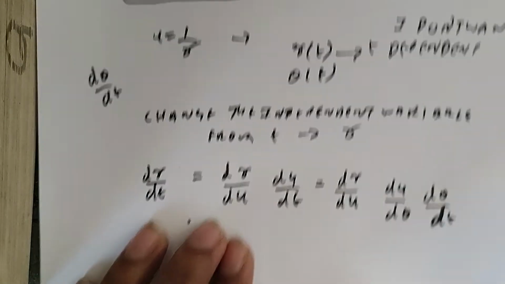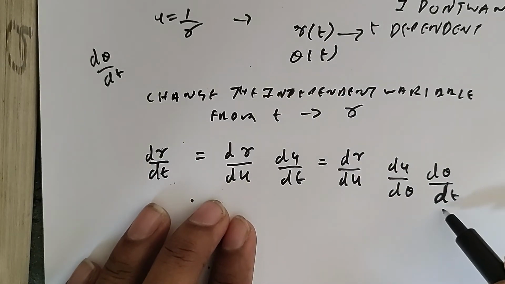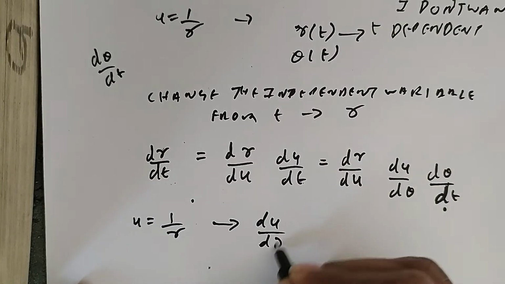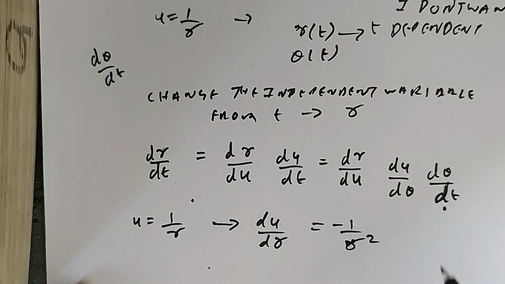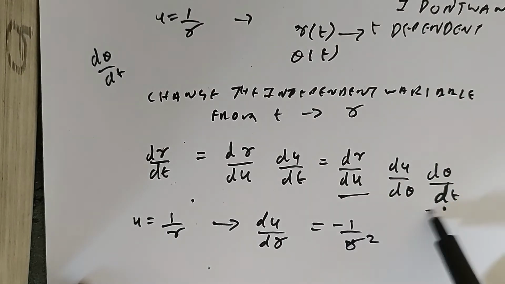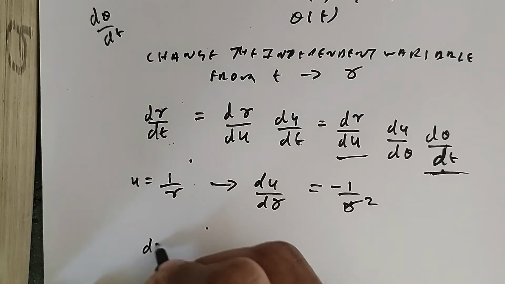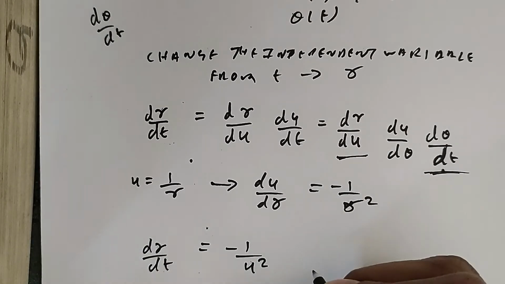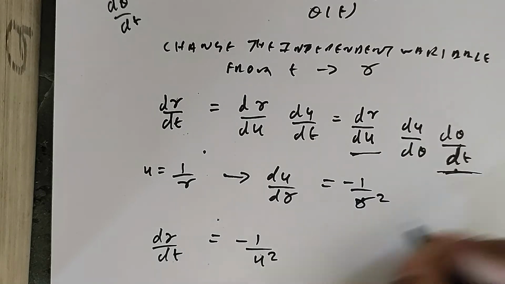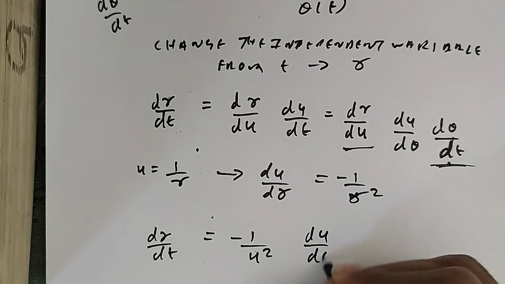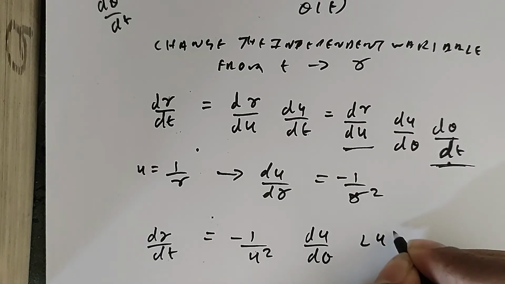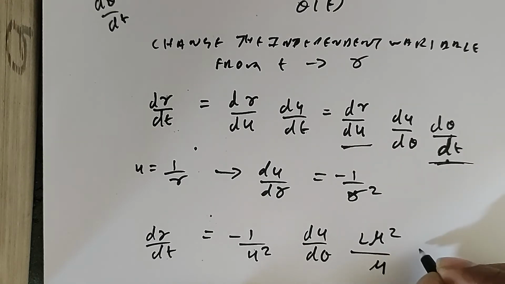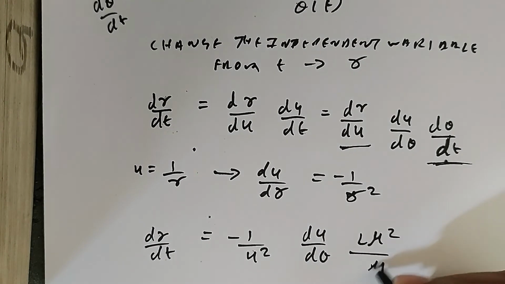Just a simple manipulation of this differential equation. Now I'll use u is equal to 1 by r, du by dr will give me minus r square. So I can write my dr by dt term as minus 1 over u square, and du by d theta is an unknown term, but I do know d theta by dt from this equation.